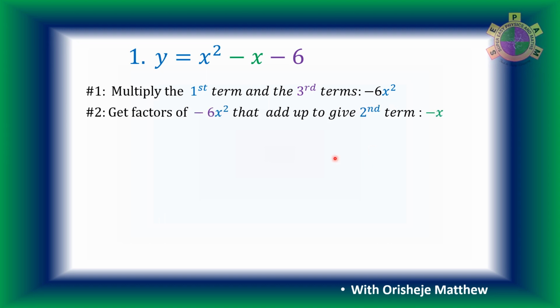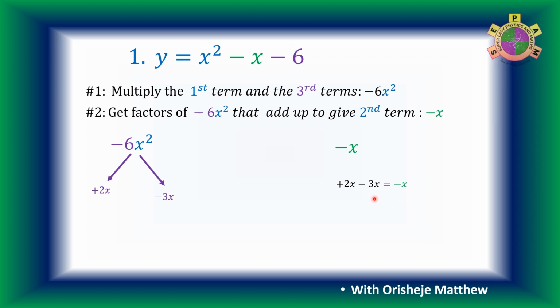Then the next step, get the factors of negative 6x squared that add up to give the middle term, which is negative x. So let's look for those factors. We can have plus 2x multiply negative 3x. If you add plus 2x to negative 3x, that will give you negative x.